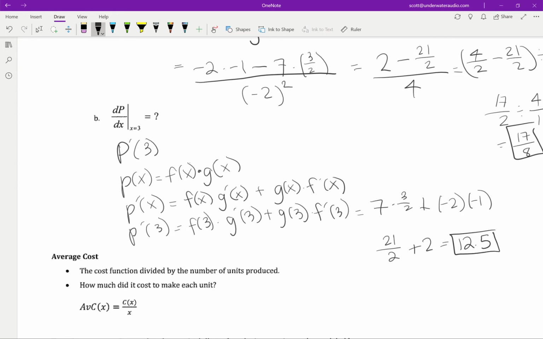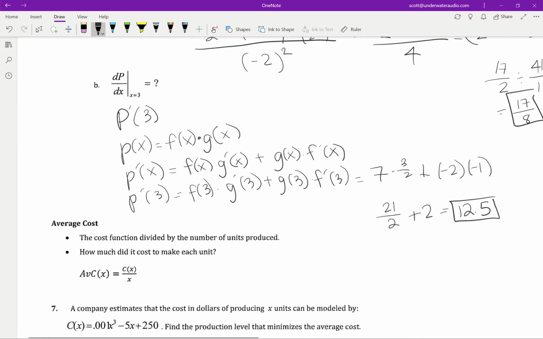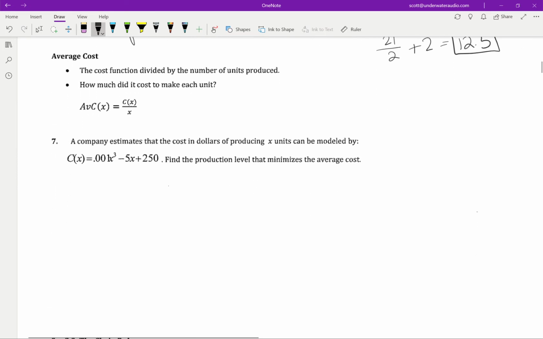Okay, so we've learned the product rule and we've learned the quotient rule. Now we're going to use the quotient rule on this new thing called average cost. So average cost is the average cost to produce a single item. So for instance, let's say it costs you $300 to make 1,000 cookies.